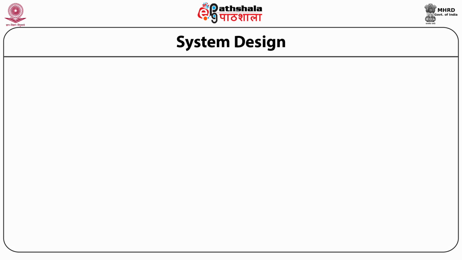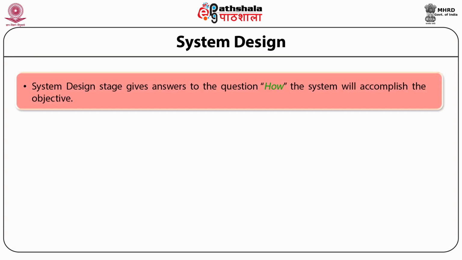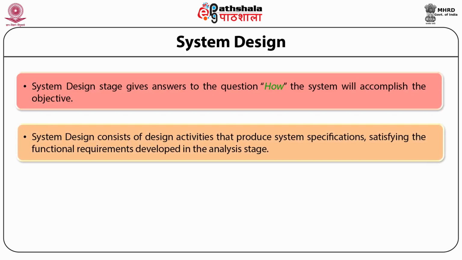Students, we now look into the intricacies of system design. The system design stage gives answers to the question of how the system will accomplish the objectives. System design consists of design activities that produce system specifications, satisfying the functional requirements developed in the analysis stage.